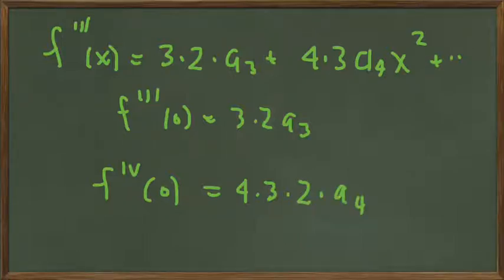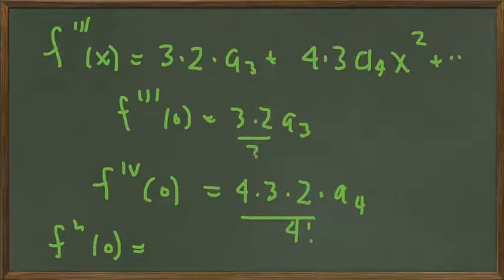So can't we generalize this and say that f sub n of 0 is going to be what, n times n minus 1 times n minus 2, etc., or, right, what we have here, this is 4 factorial, this is 3 factorial. On the preceding page we had 2 factorial, so the nth derivative at 0 is going to be n factorial a sub n, right?